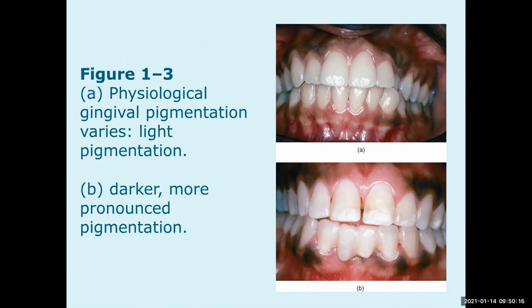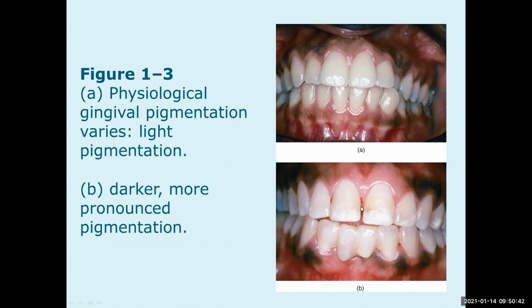Physiologic pigmentation. You need to describe the gingiva. Is it pale pink, coral pink, red, magenta, purplish? Physiologic pigmentation, generalized or localized. This physiologic pigmentation is just in the posterior, a little bit in the anterior, right?